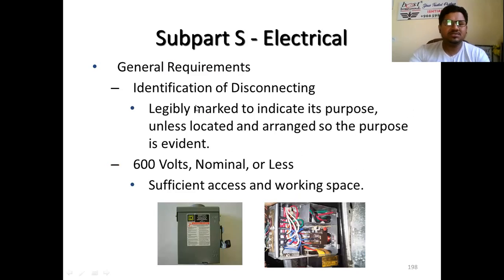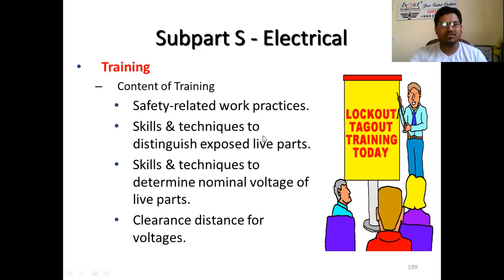Now, general requirements: identification of disconnecting means, legibly marked to indicate its purpose, unless located and arranged so the purpose is evident. For 600 volts, nominal or less, sufficient access and working space is important to understand. Training is important. Whatever procedure you have, make sure you train others, and especially lockout tagout before you start your project or your activity.